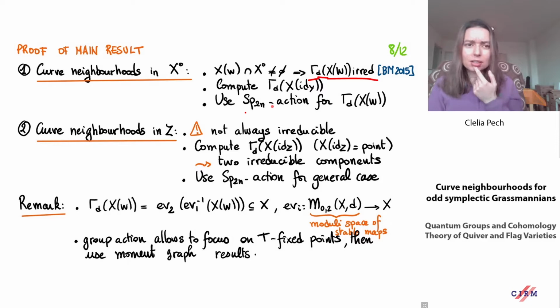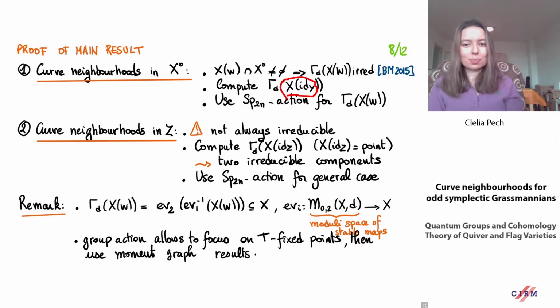I think that probably should be Sp_2n+1 here. Yes, I think that's fine. So we compute the curve neighborhood for a specific Schubert variety, which I call X of identity in Y.